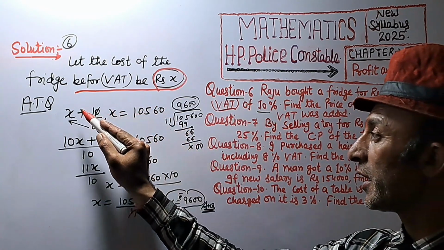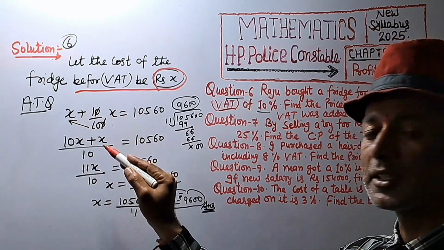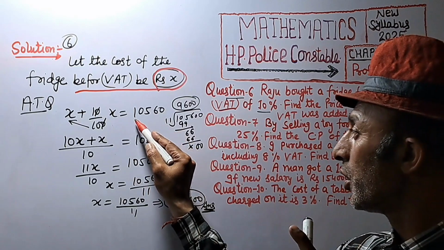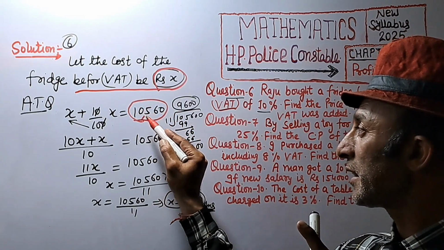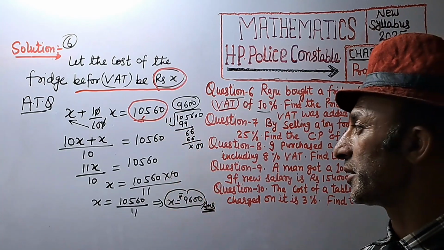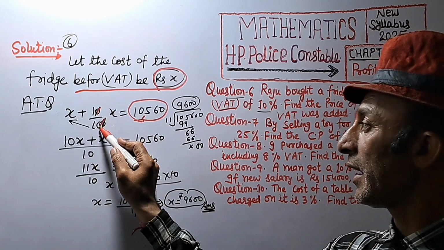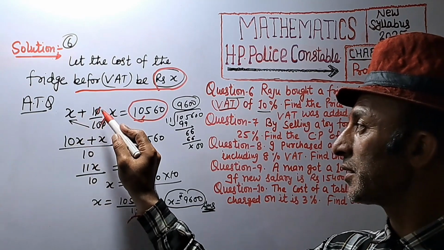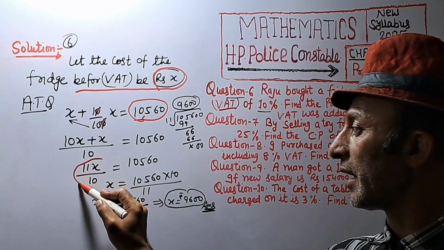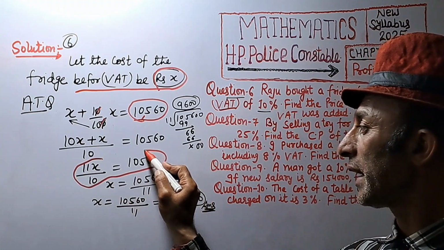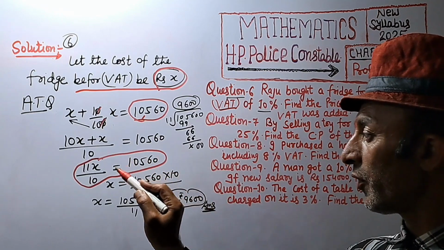So according to the question, X plus 10% of X is equal to 10560, means 10,560 rupees. 0 is cancelled and 10 multiplied by x is 10x plus 1x, that is 11x upon 10 equal to 10,560. We find the value of x.